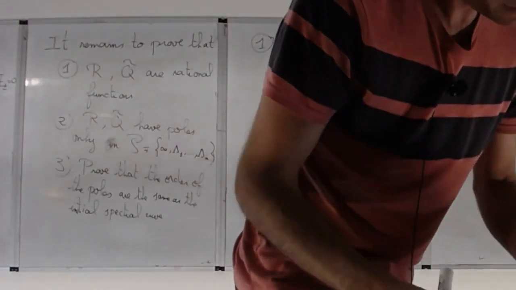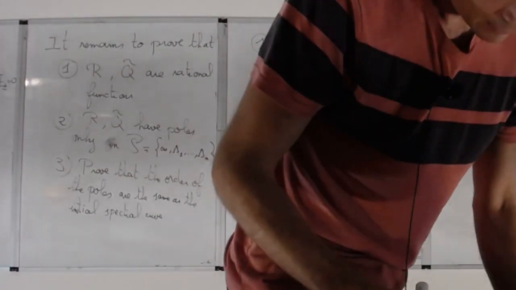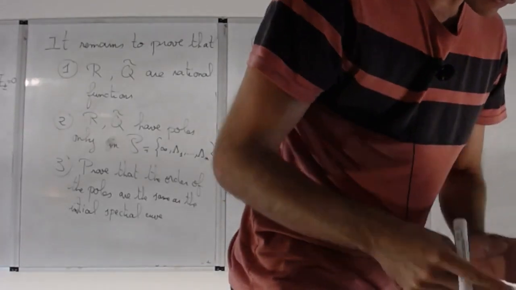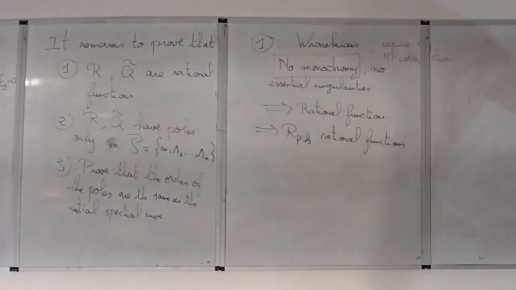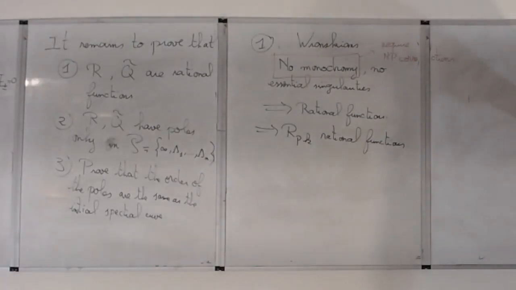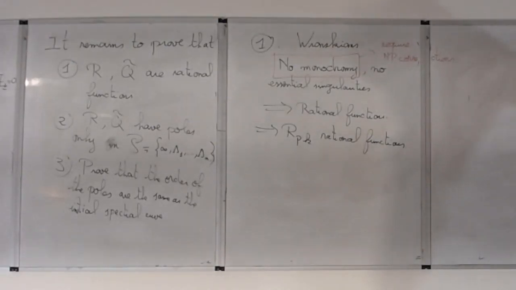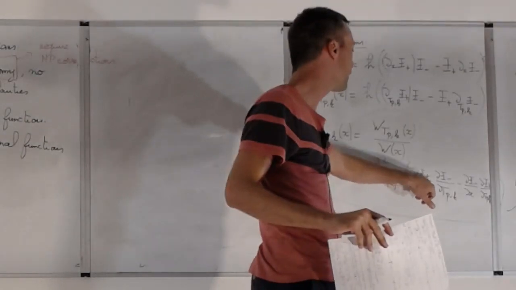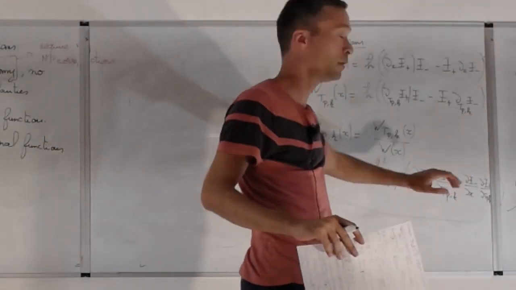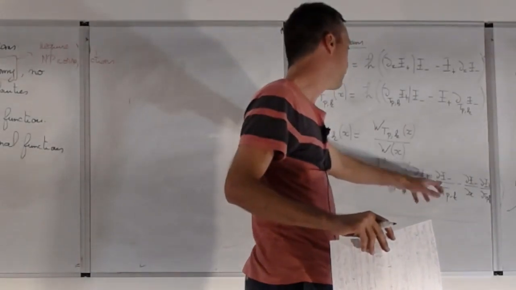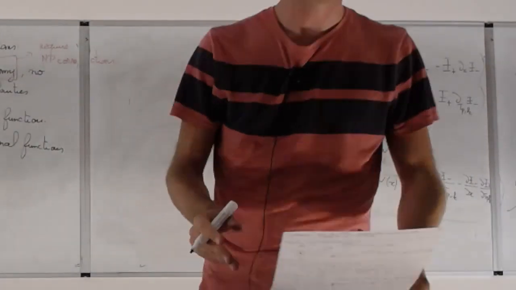You need to rewrite it a little. Well, the argument could directly follow from the same as the Wronskian. So here it's not technically a Wronskian, but it's a product of something in psi plus times something psi minus. So there is no monodromy here. And so the argument would be exactly the same.